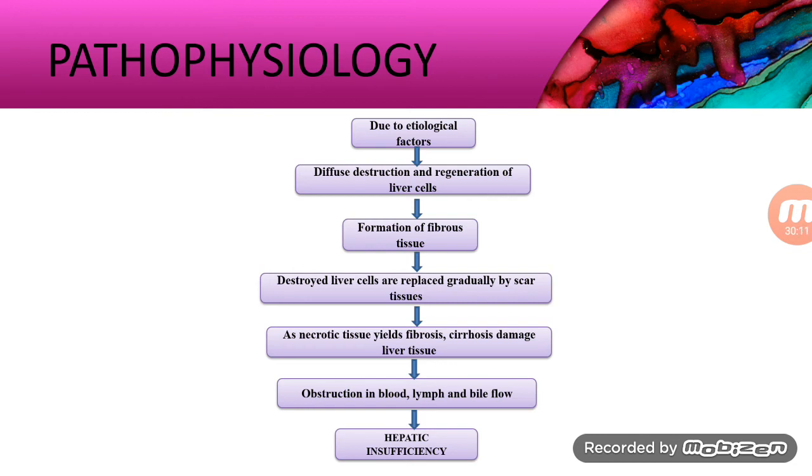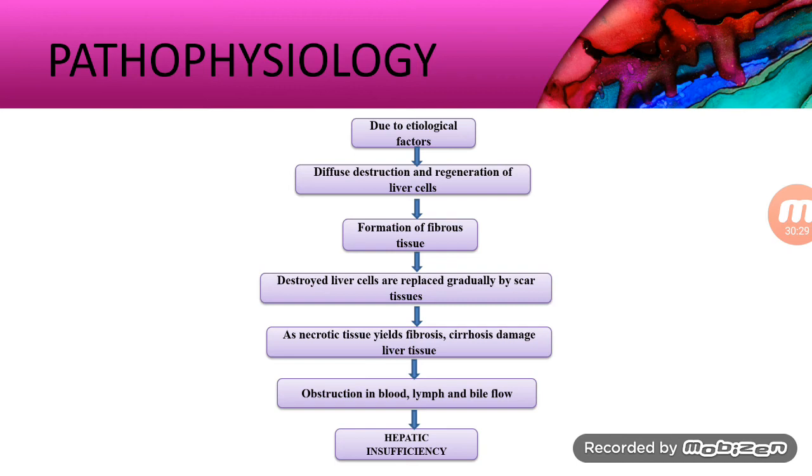So after the widespread destruction, the generation of the liver cells will be done again. Then as a result of that, formation of fibrous tissue.